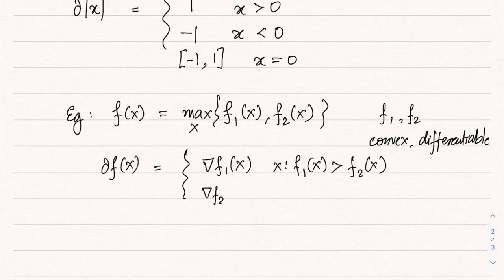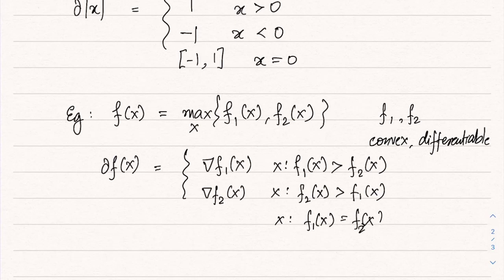Then it is the gradient of f2 of x for all points x such that f2 of x is greater than f1 of x. But this is not the case when f1 of x is equal to f2 of x. So that is the point where this function is non-differentiable. So it is differentiable at all the points, but it is non-differentiable at the points x such that f1 of x is equal to f2 of x.